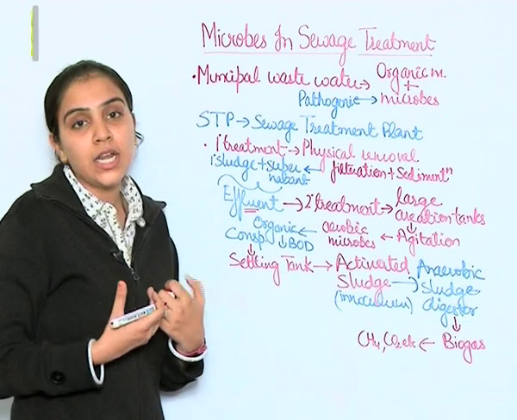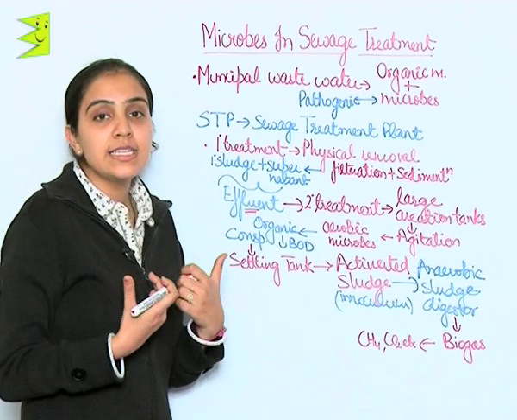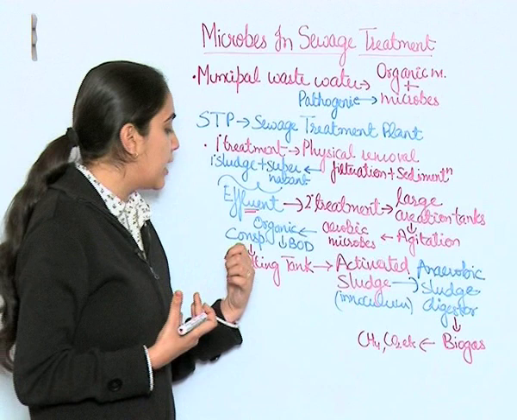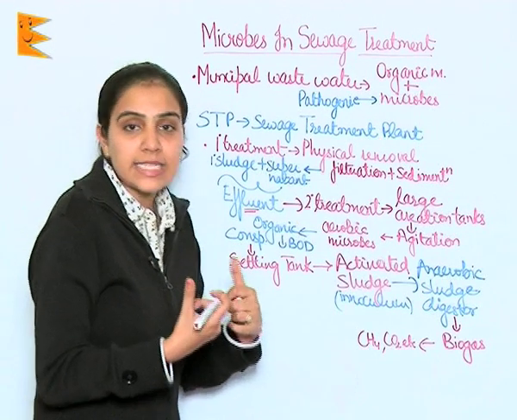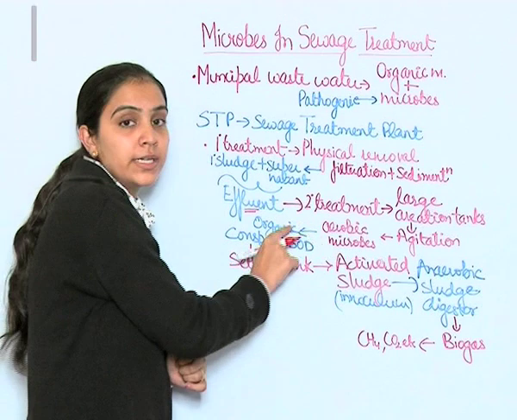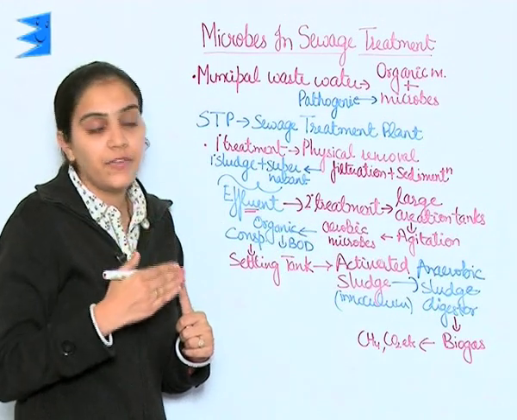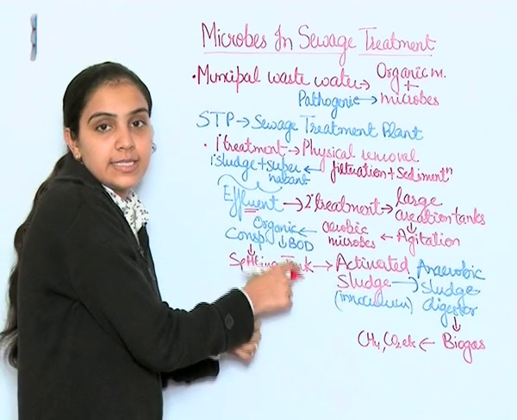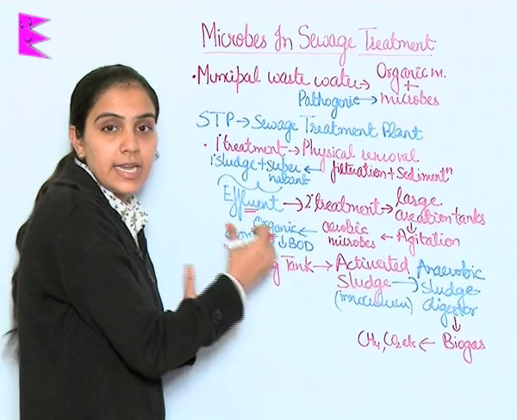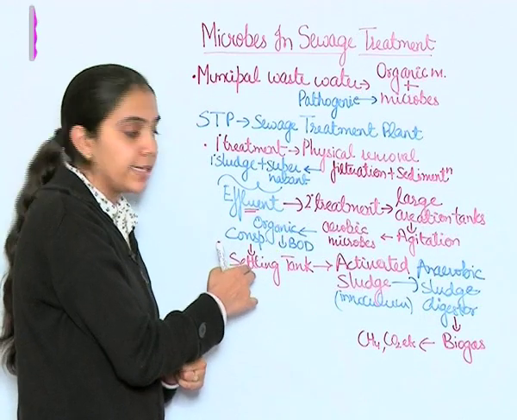This biological oxygen demand is an indicator of the amount of organic material present in the sewage. This process is carried out till the BOD has decreased to a significant level. Once this is decreased, testing is done, and then this is passed on to a settling tank.